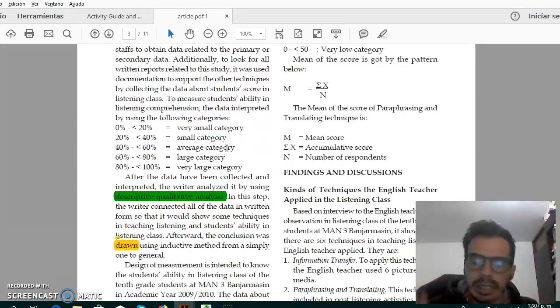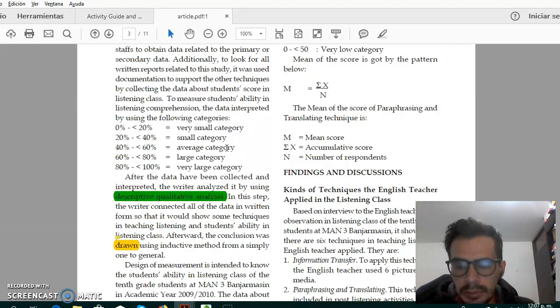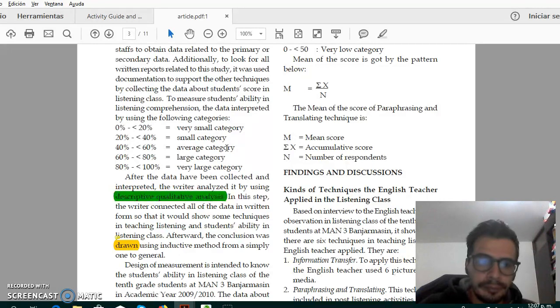When the researcher classifies the students and the techniques of teaching listening, the next step is descriptive qualitative analysis. This is the last step.